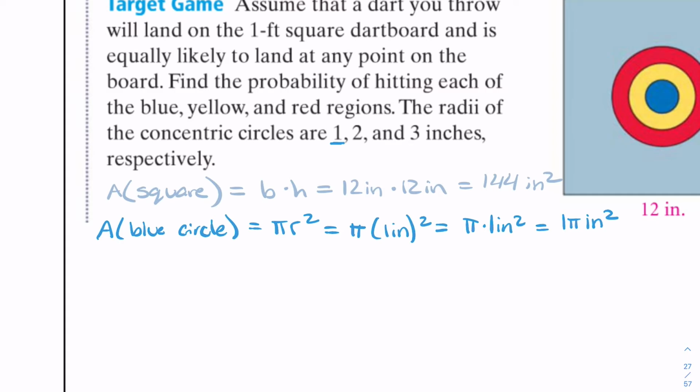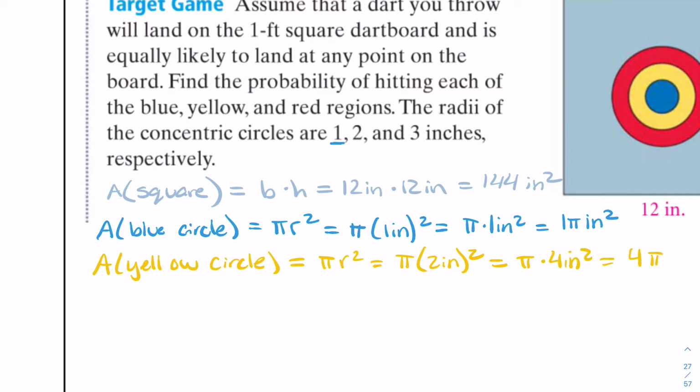Okay, so now the area of the yellow one is going to be pi r squared, which is pi times 2 inches squared, which is pi times 4 inches squared, which is 4 pi inches squared.